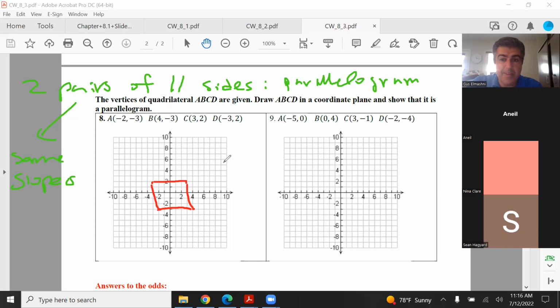Kind of looks parallel to me. Well, they have to show it actually. They're all going to be parallel, I guess. -5, 0, 0, 4, 3, -1, -2, -4.